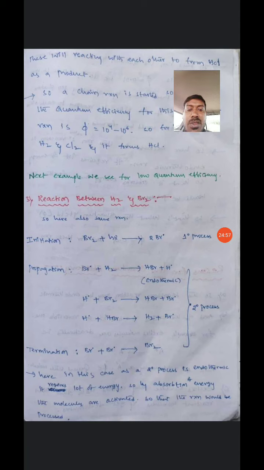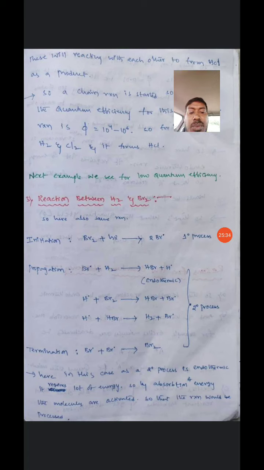Here also there are three steps: initiation, propagation and termination. In the initiation step, Br2 absorbs the light energy and forms two Br radicals. This is a primary process.